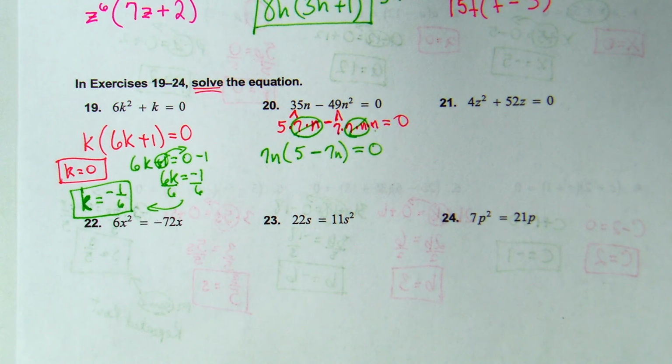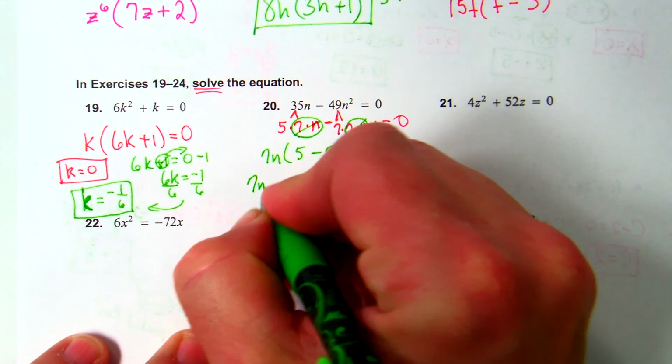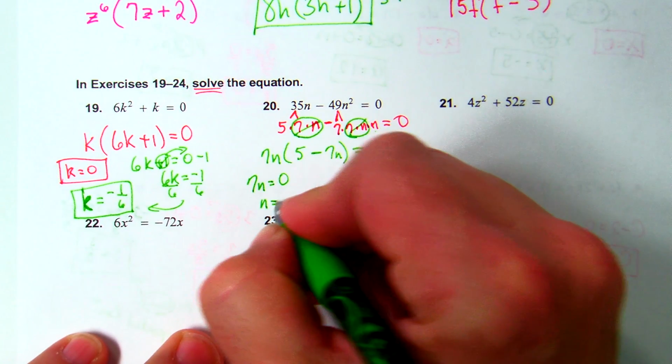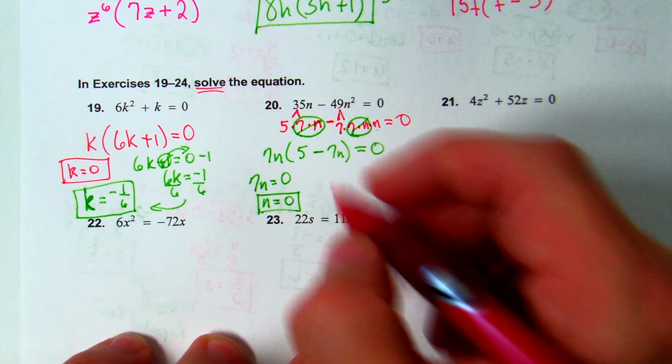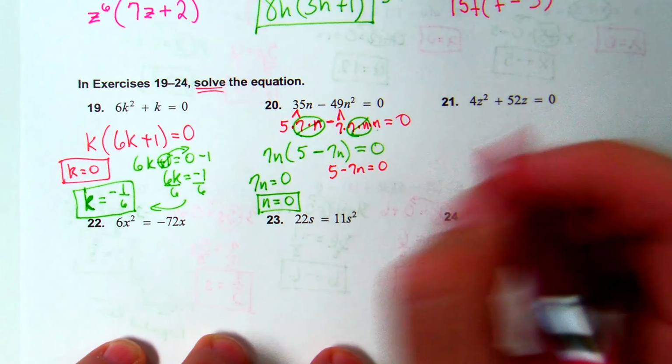Now I can find out if one of these equals 0, what the n value would be to make it equal 0. So the first one, 7n equals 0. Well, if I divide both sides by 7, n still just equals 0. So that's an easy one. The next one, I set 5 minus 7n equal to 0.